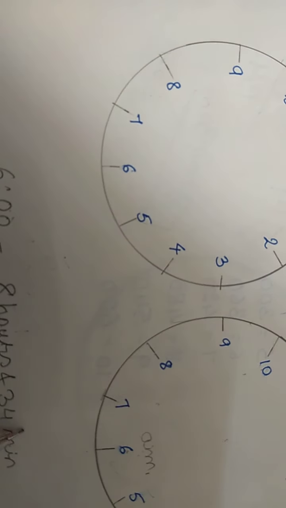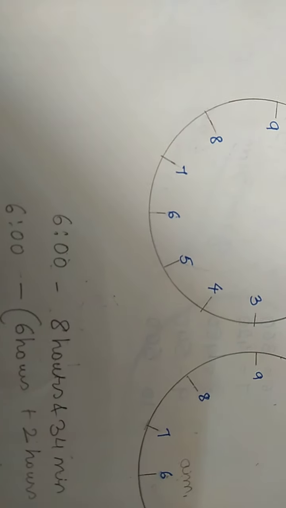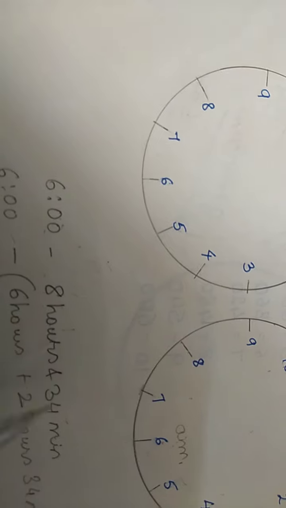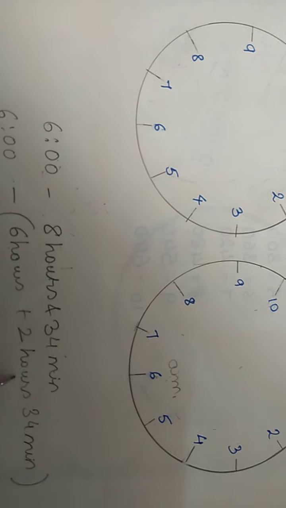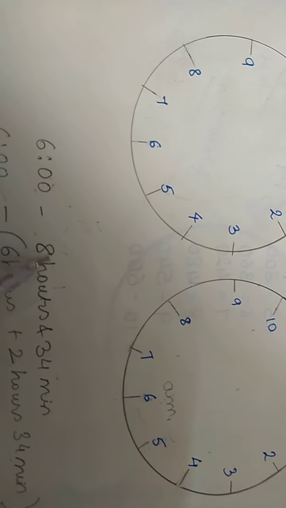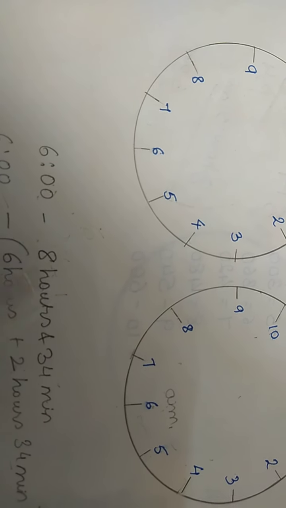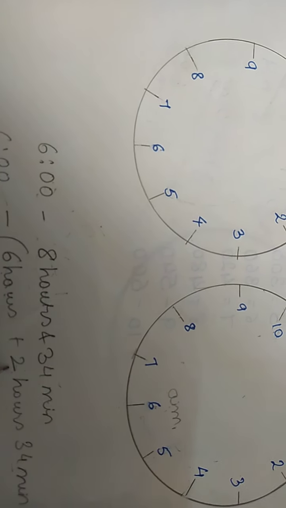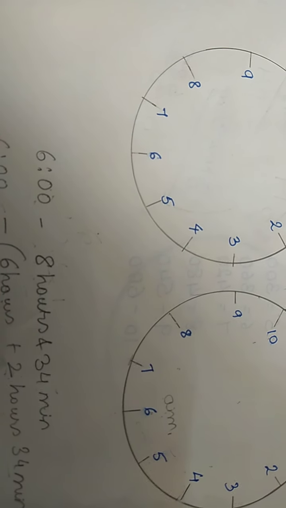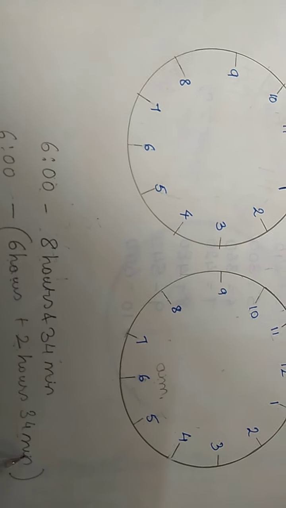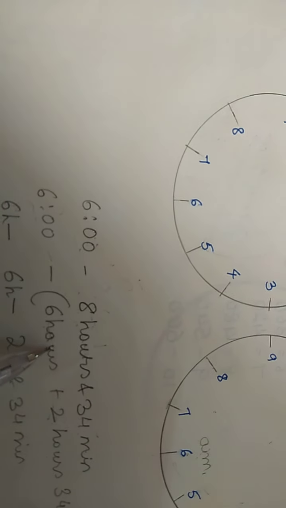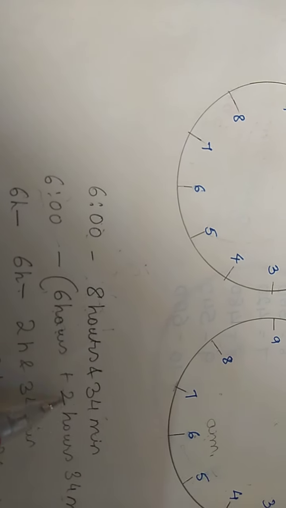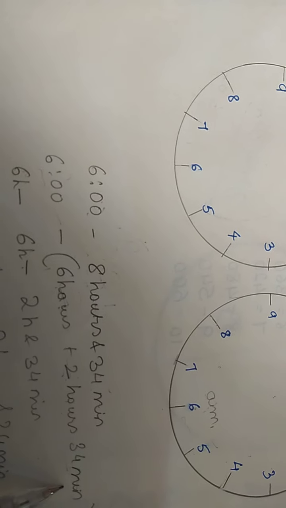Now to make it a little easy, this 6 hours I've kept as it is, and this 8 hours and 34 minutes I've bifurcated into 6 hours plus 2 hours and 34 minutes. 6 plus 2 is 8 hours, and this 34 minutes. Now we'll minus everything. This 6 hours minus this 6 hours and minus this 2 hours 34 minutes.